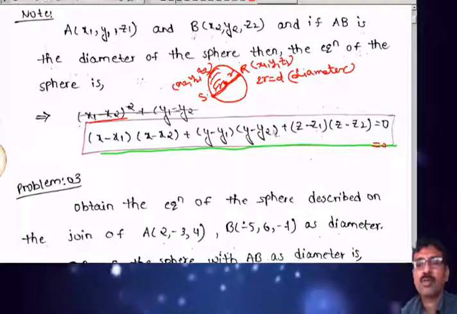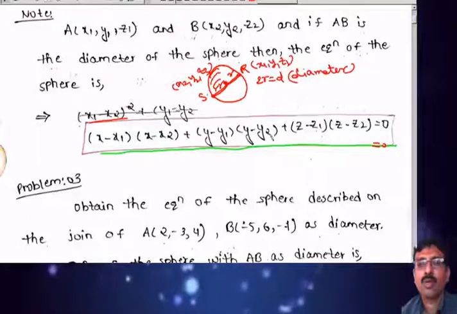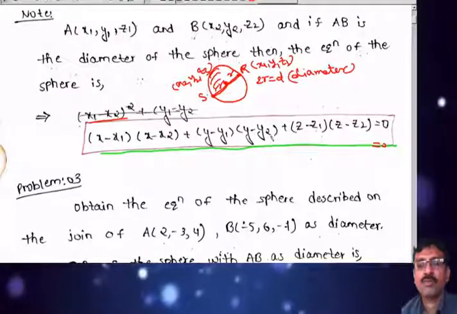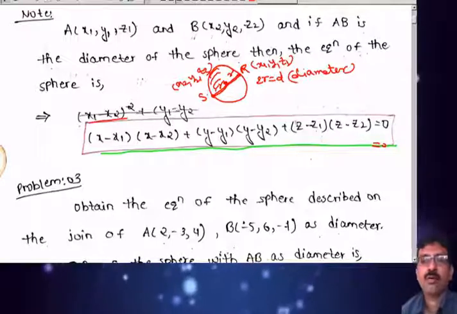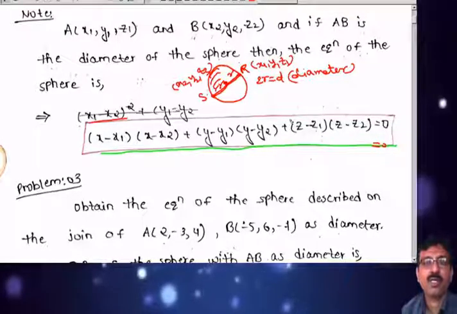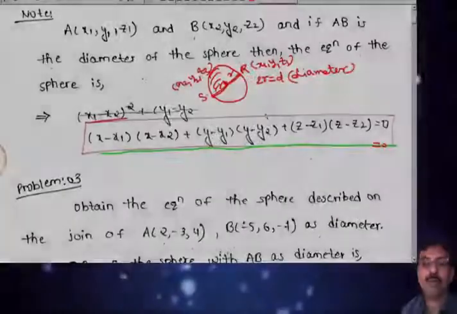This is also very similar to the equation of a circle having diameter with ends x1 y1 and x2 y2.